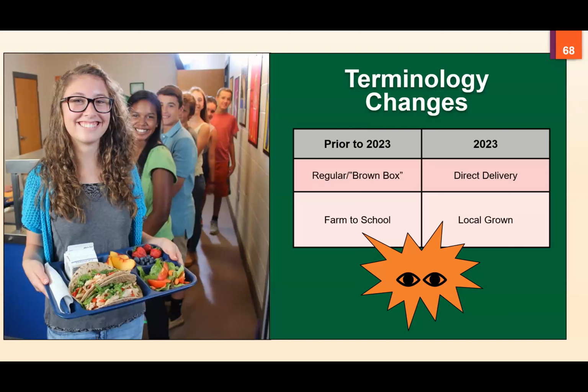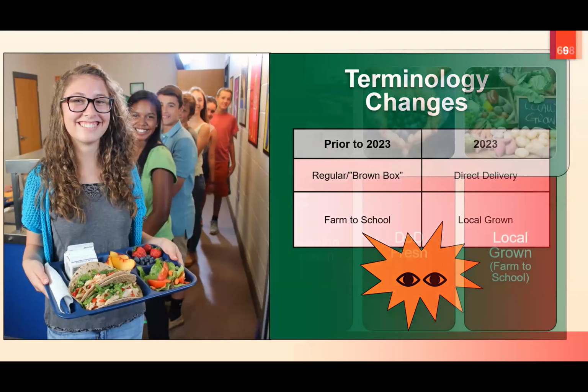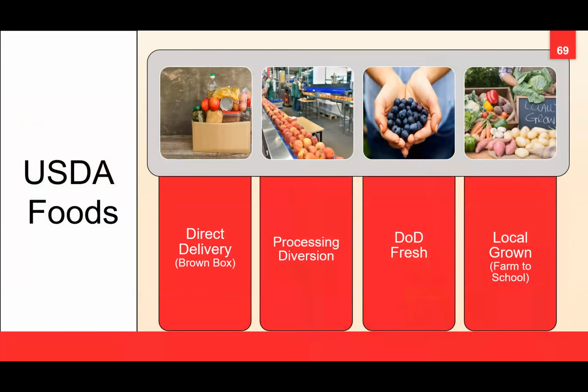It'll now be direct delivery. And farm to school will now be local grown. And don't worry, we're going to say this to you a bunch of times in the next few weeks when we do the training. So you will understand, you'll remember it quickly. So when I say direct delivery, that is usually what we heard of as brown box.